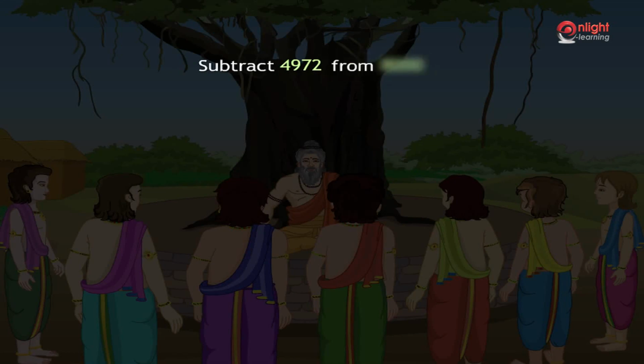Let us subtract 4,972 from 8,000. Subtract 1 from 8,000. Since we are subtracting 1 from 8,000, subtract 1 from 4,972 also. 8,000 minus 1 is 7,999, and subtracting 1 from 4,972, we get 4,971.